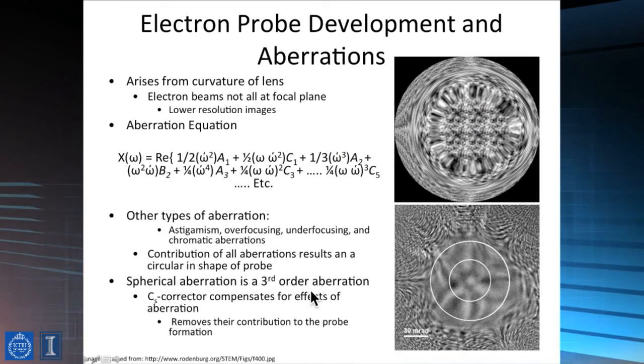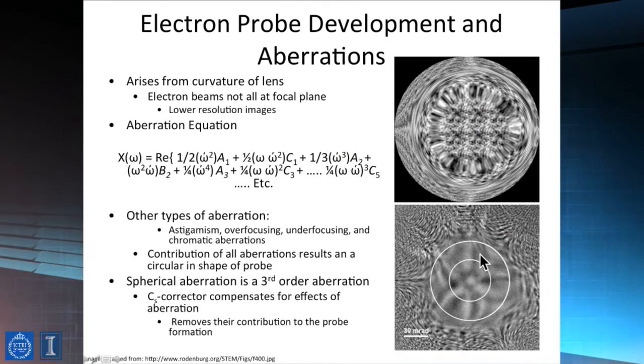And so this is just an example looking at the coherence of an electron beam at a detector, and by incorporating a higher order multi-probe lens element to correct spherical aberration, right?